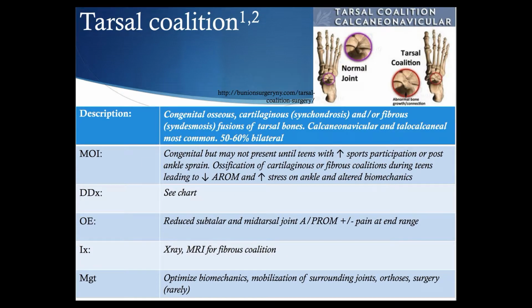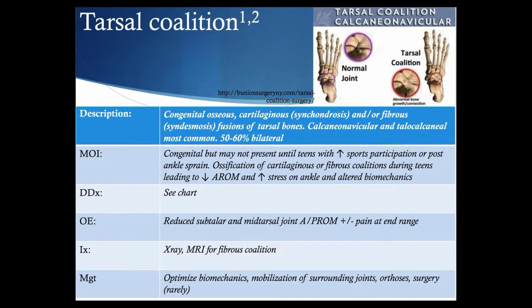Moving on to tarsal coalition, often either discovered incidentally or, even though a congenital lesion, often presenting later on with increased sports participation in potentially the teenage years or older children, or sometimes noted when X-ray is done for another reason and is discovered.